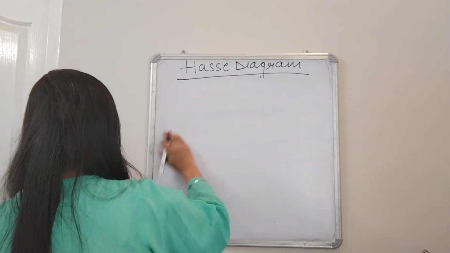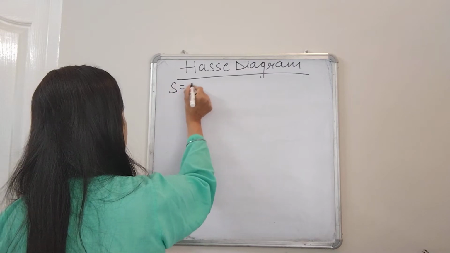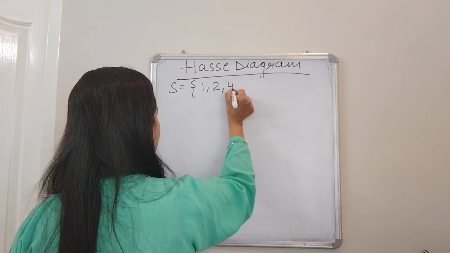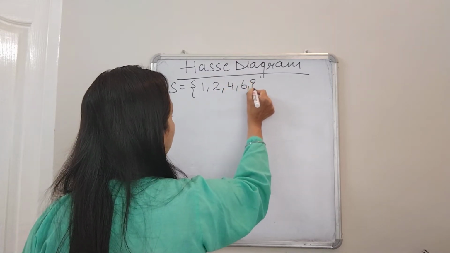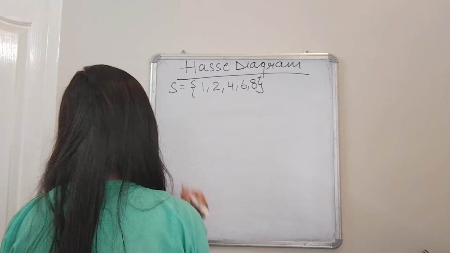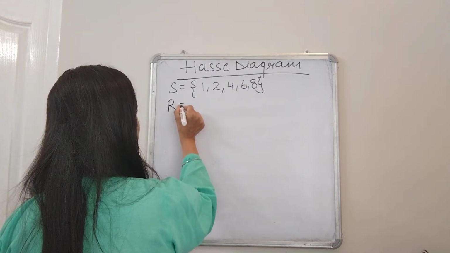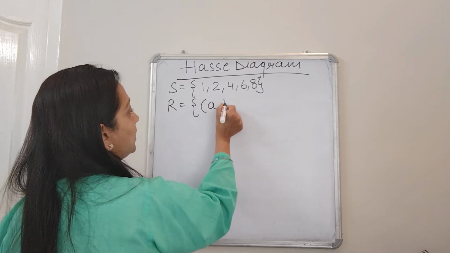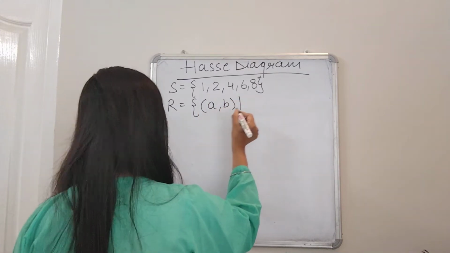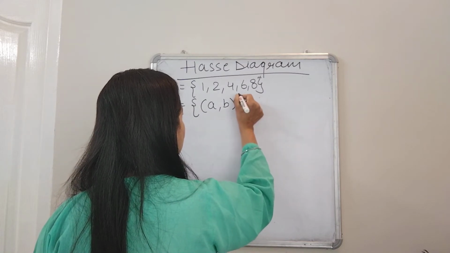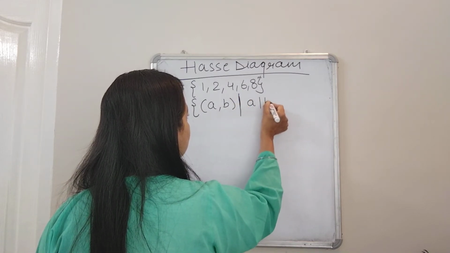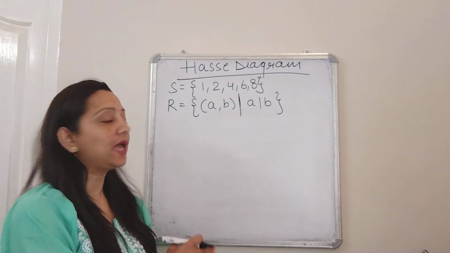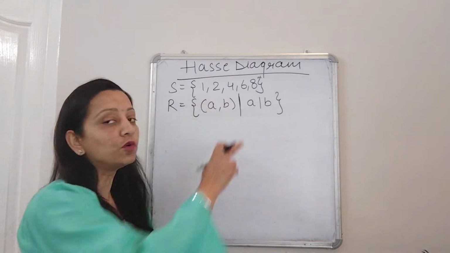If I have a set S which consists of elements 1, 2, 4, 6 and 8, and I have a relation R which is defined on this set, which says that R is a set of ordered pairs (A, B) such that A divides B. Alright, so I have a set which consists of elements 1, 2, 4, 6, 8.